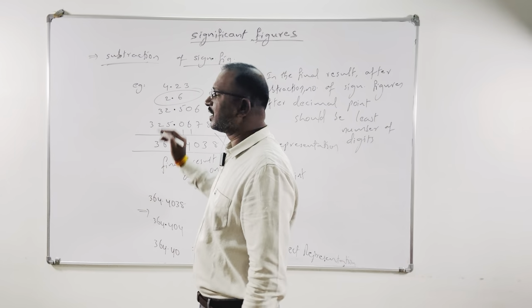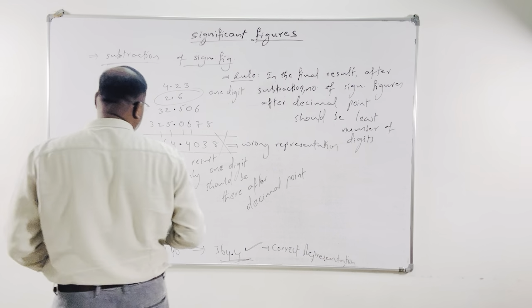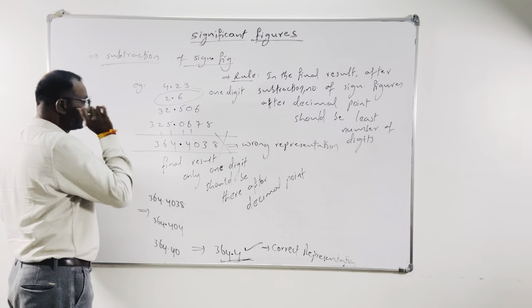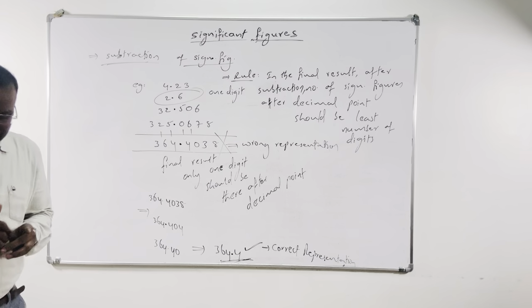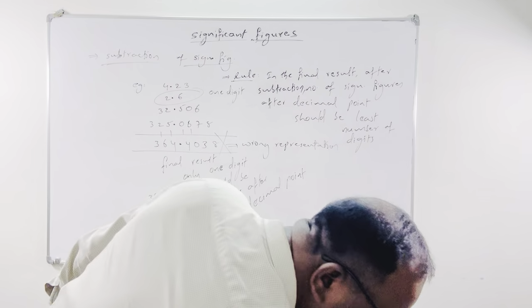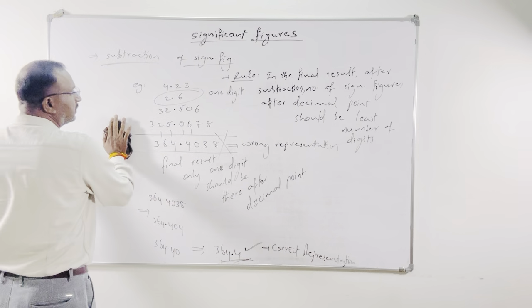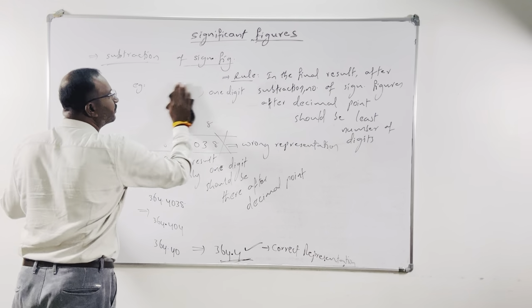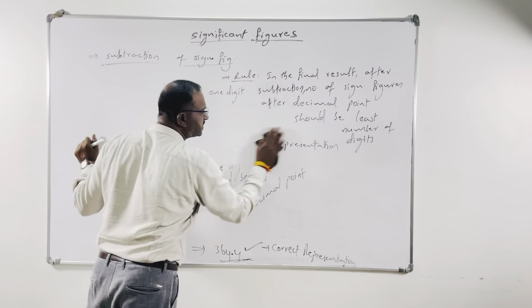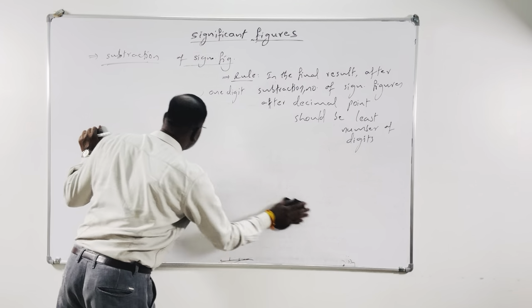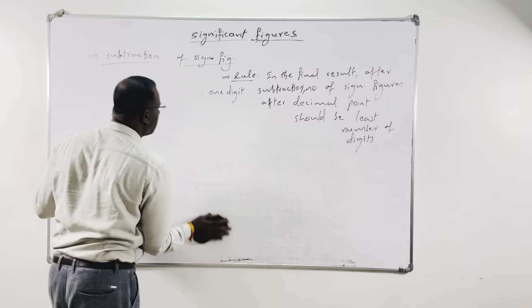I am taking one example of subtraction. Let me take a simple example. Okay, same rule. What is the rule which is there in addition? That rule will be there. Now, in subtraction, how to do that work?